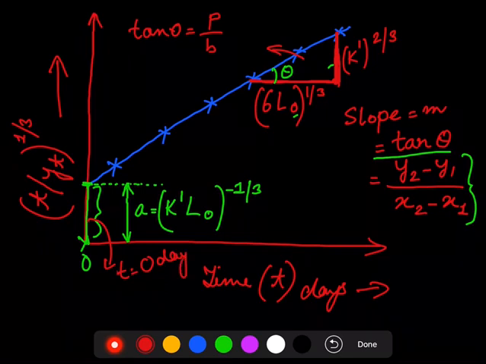Then you take your slope. How to take the slope? Slope is y2 minus y1 divided by x2 minus x1, also denoted by tan theta, so you can easily get your slope and your intercept.